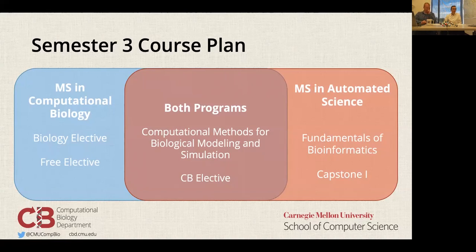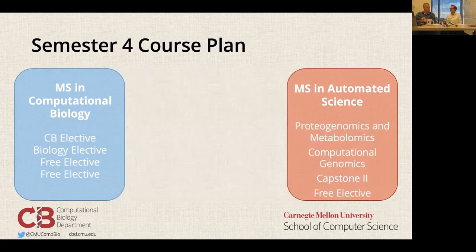And so what the MS and computational biology students would be doing in their second year is taking more biology or computational biology elective coursework. The automated science program has a more fixed curriculum, in that most courses are defined in advance, although the capstone will obviously have a lot of flexibility.